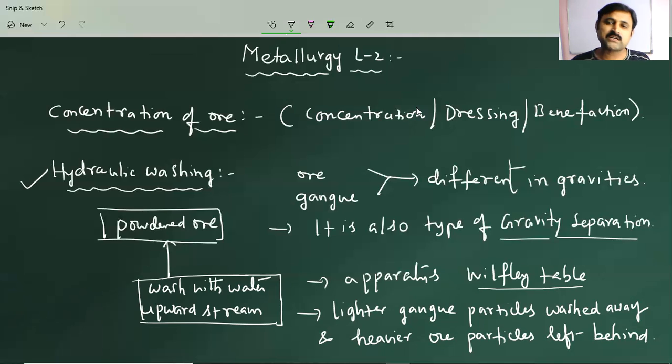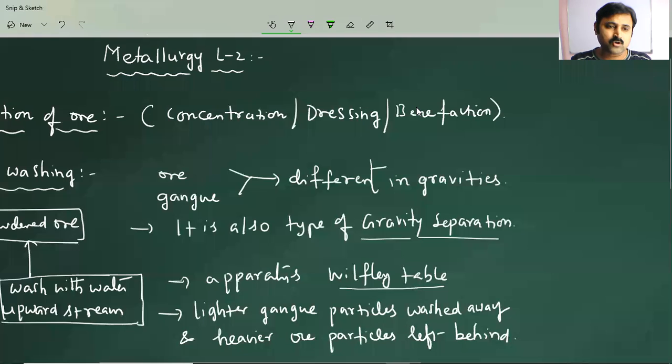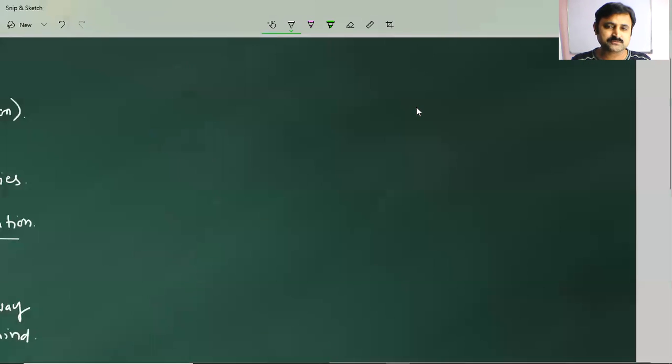Once the water stream starts falling onto the powder, the lighter gangue particles will separate out, and heavier ore is left behind on the table. So this is an interesting idea for the concentration of ore called hydraulic washing.